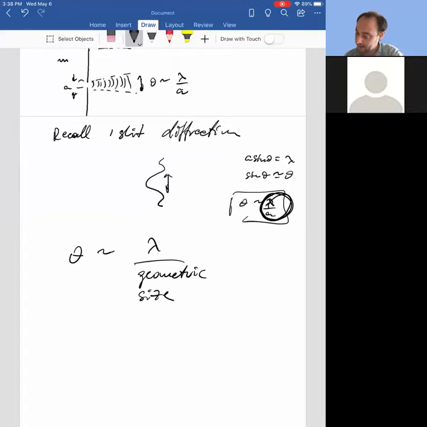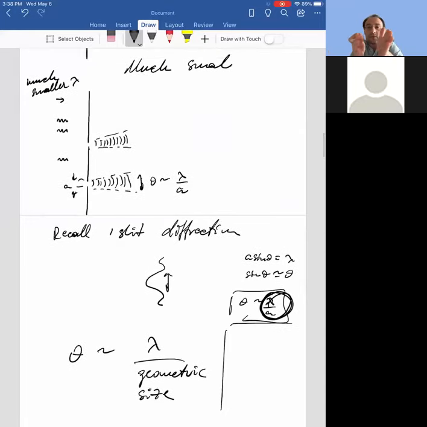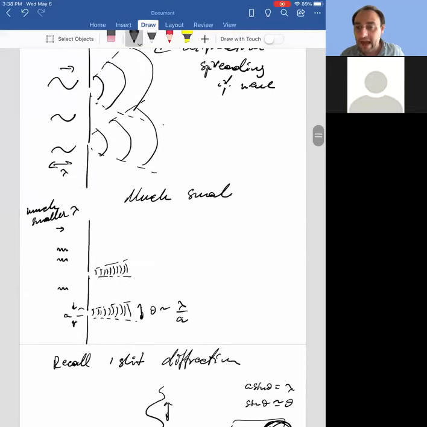So this is a single slit, and in double slit you have a similar formula. Both go like lambda over geometric size. As lambda gets smaller and smaller, all of these angles become smaller and smaller. The degree of spread becomes smaller and smaller.